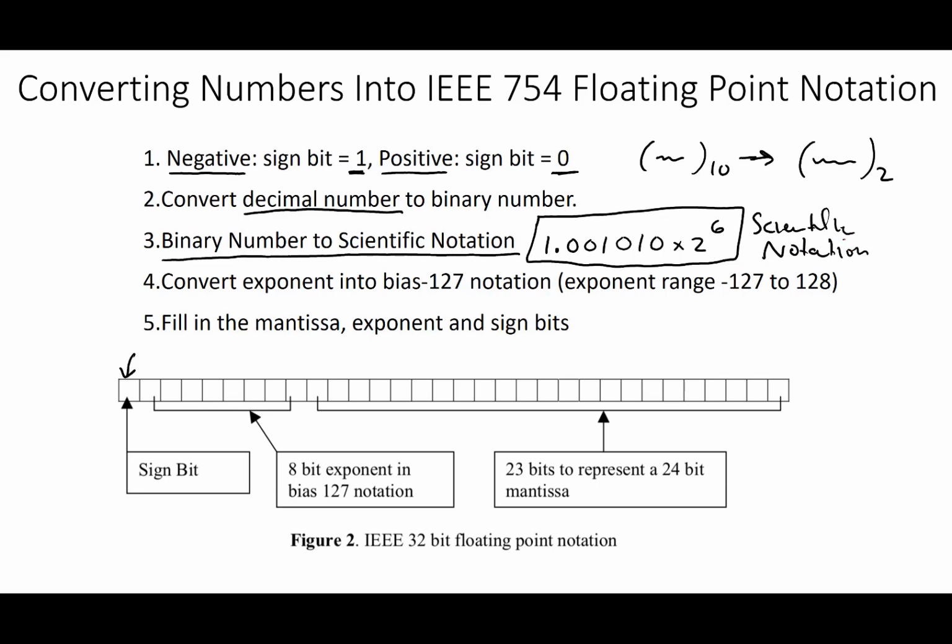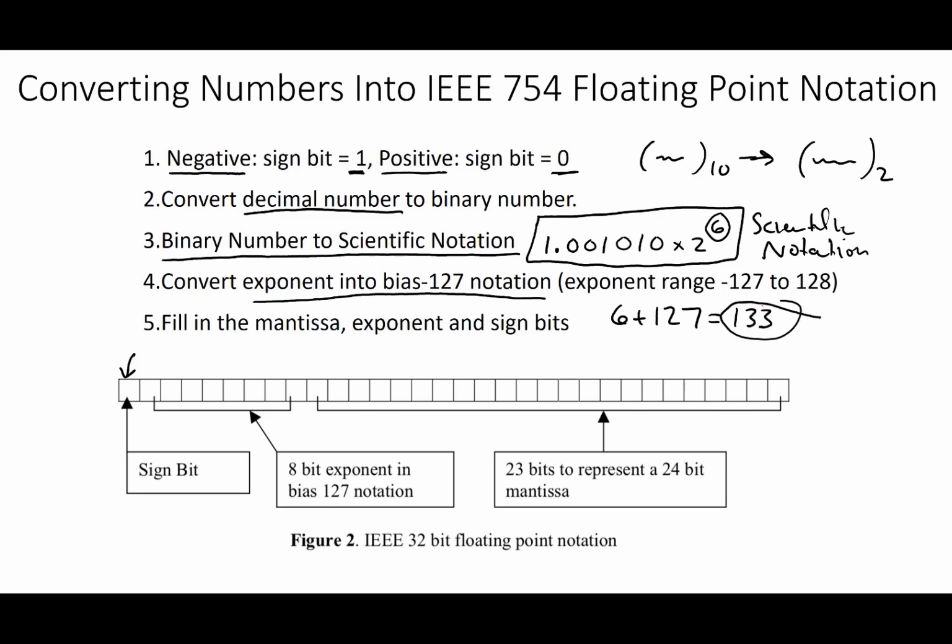Then we're going to convert the exponent using this bias 127 notation and write that in binary. So for instance, if I look at this number that I just wrote down, I have 6 for the exponent. So I'd have 6 plus 127, which is equal to 133.